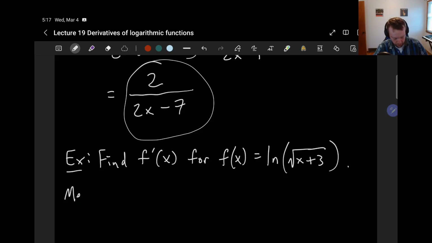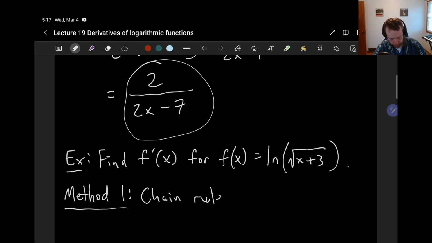I'm actually going to solve this in 2 ways. I think both are useful for us to look at. So method 1 will be chain rule immediately.